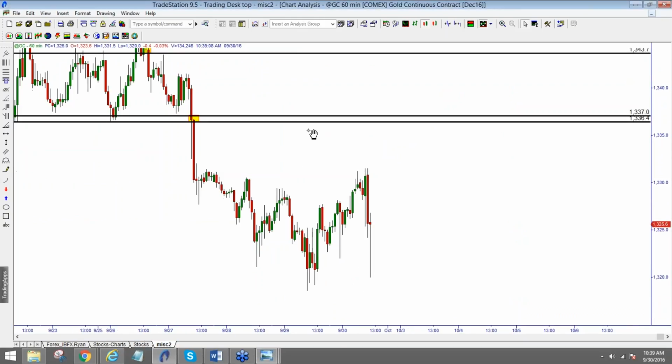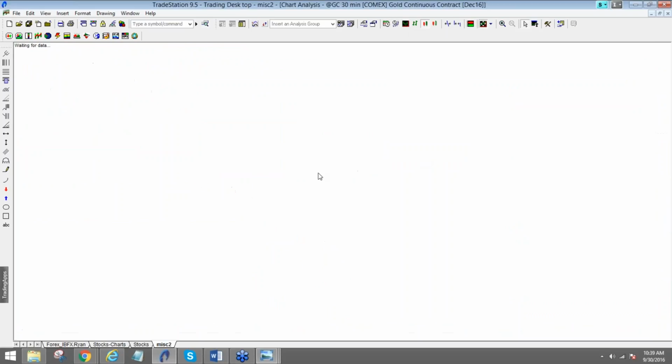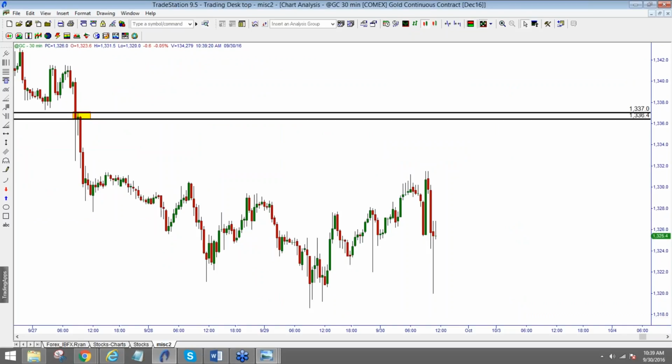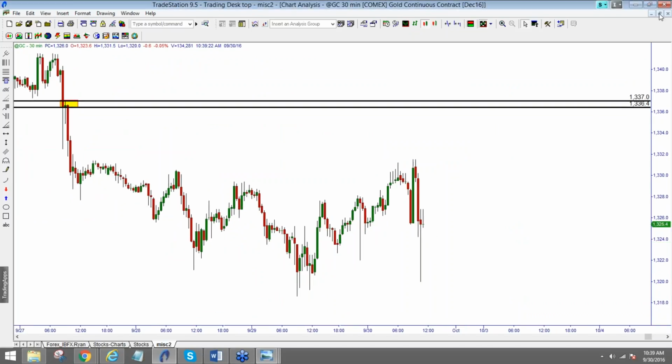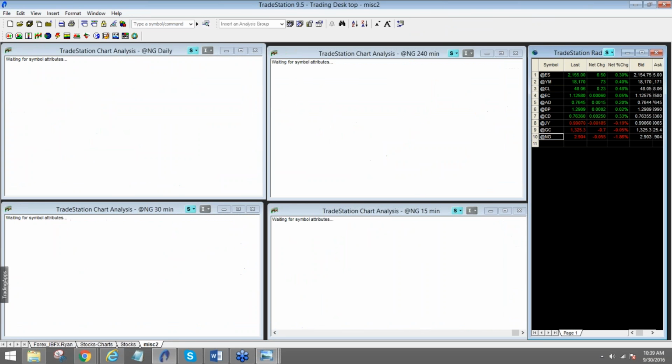Let's see. Little area on a 30-minute, I guess I was looking at yesterday. Very, very tiny, but small risk. Let's look at oil next after I look at Natty.